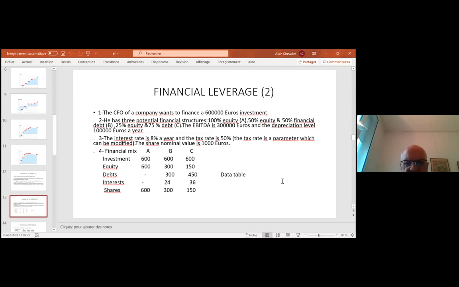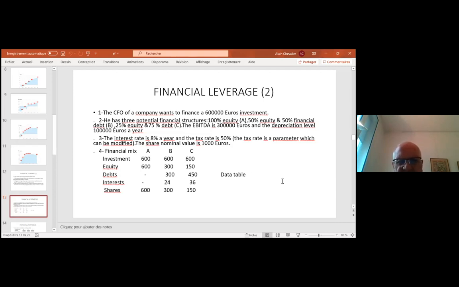And the third one, C, is 75% debt and 25% equity. You understand that they are very different here. It facilitates the conversion. But anyway, if you had something like 40, 60 instead of 25, 75, you would find the same conclusions.